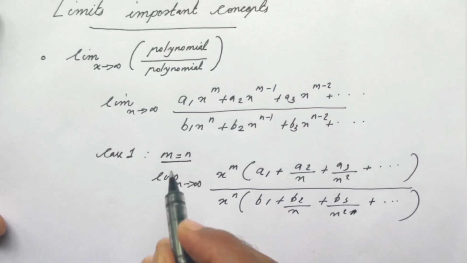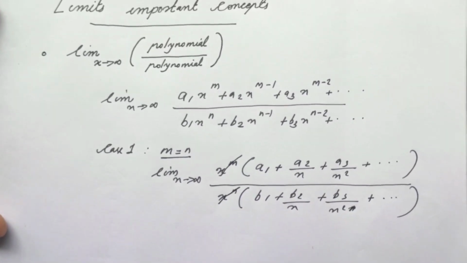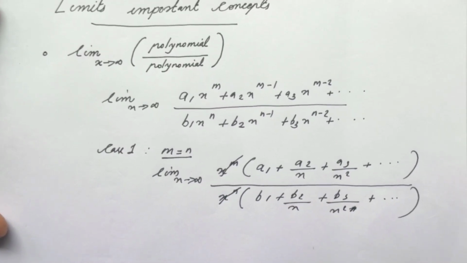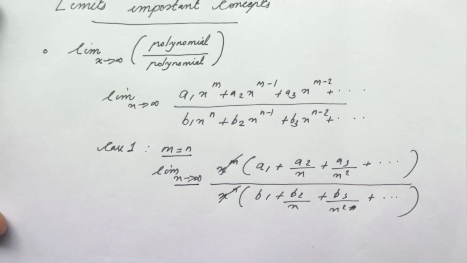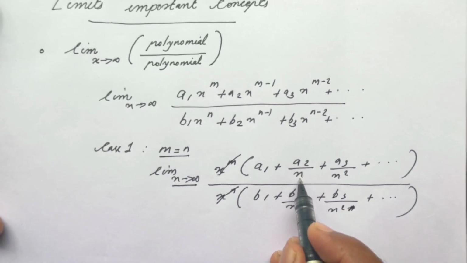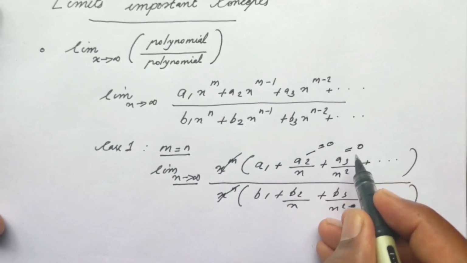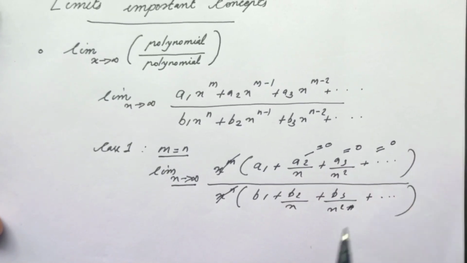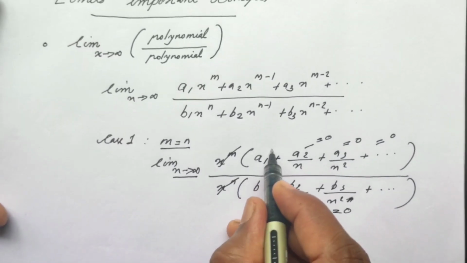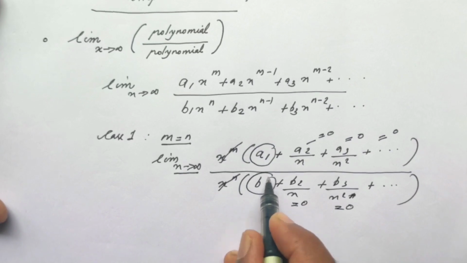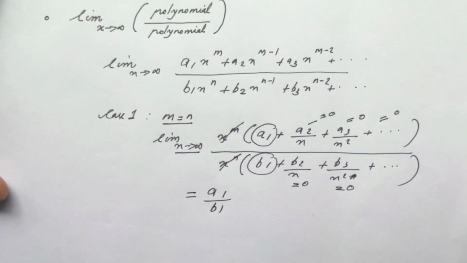Here the first case is m equal to n, so this x raised to m and x raised to n cancel each other out, and here the limit x tends to infinity, so something upon infinity will become 0, so these terms are 0, and the next term also will become 0, these terms also 0, so the non-zero terms are only a1 and b1, so the final answer will become a1 divided by b1.